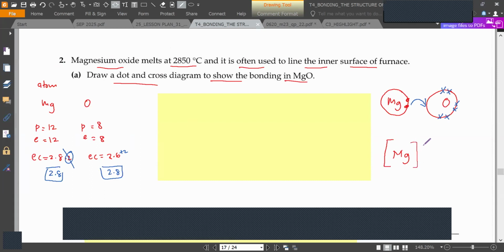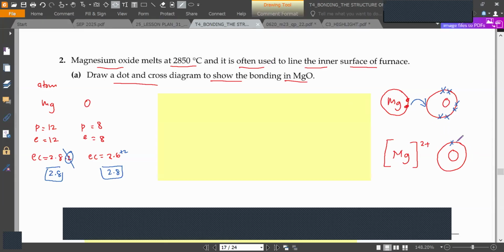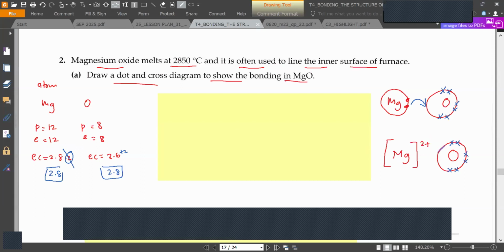So it just looks like this for the magnesium. And for the oxygen, it started with the 6 electrons that it has, and in the end it also received 2 electrons from the magnesium.